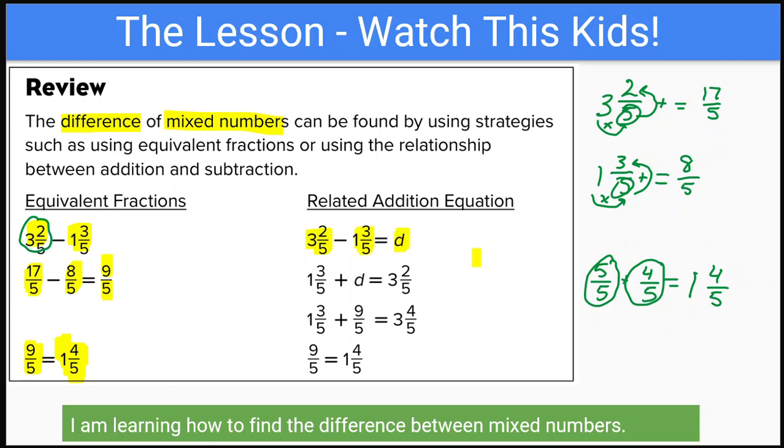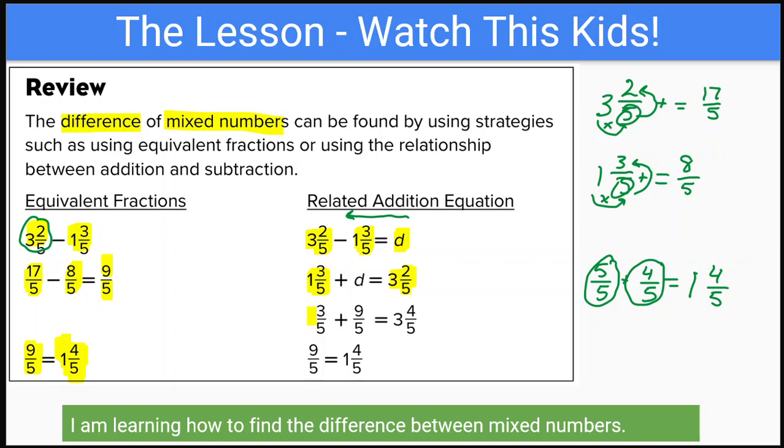They put the letter D there for difference, I guess. But we could do it the opposite way and do addition instead. That's what they're trying to show you. They're trying to say 1 3/5 plus whatever this is right here, we don't know what it is, equals 3 2/5. You could use addition instead of subtraction and work it backwards.